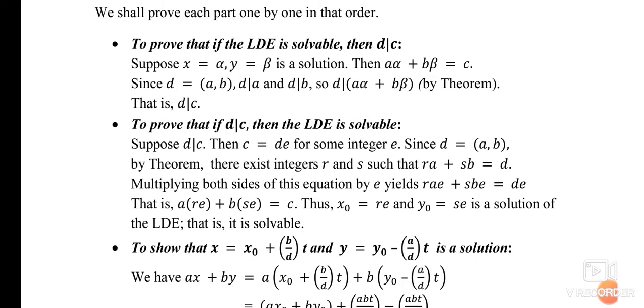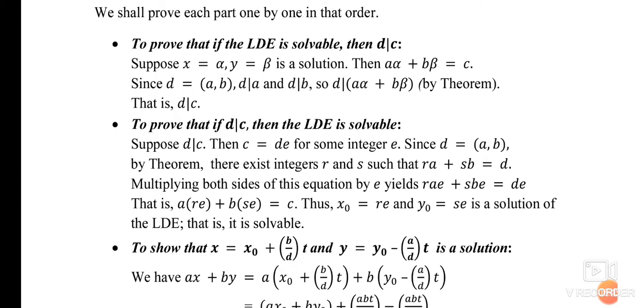So first assume D divides C. D divides C implies C is a multiple of D. So C equals D into E for some integer E. Since D is the GCD of A and B, by theorem the GCD of A and B can be written as a linear combination of A and B. So D equals RA plus SB for some integers R and S.